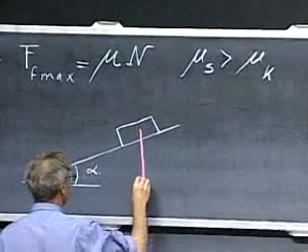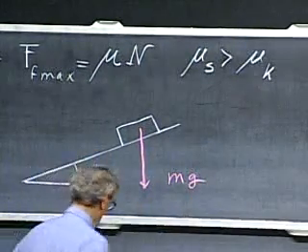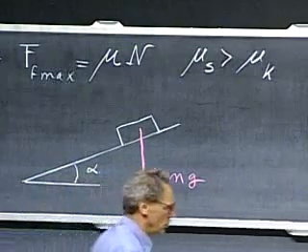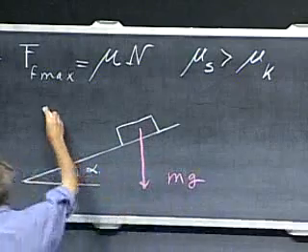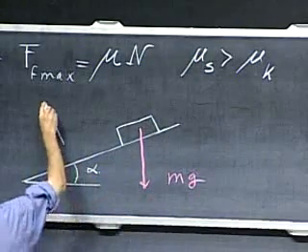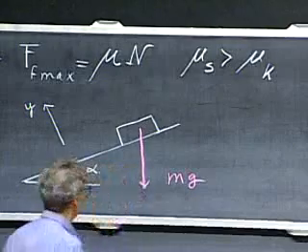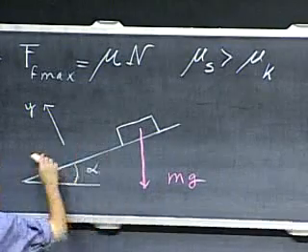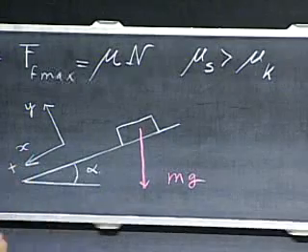This is the gravitational force mg, which I will decompose in two forces. One in the y direction, which I always choose perpendicular to the surface, and another one in an x direction. You're free to choose this plus or this plus. I will now choose this, the plus direction.